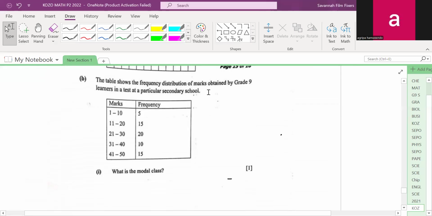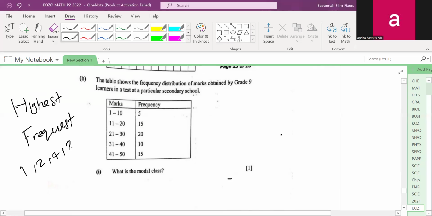So the table shows a frequency distribution obtained by grade 9 learners in a particular secondary school. What is the mode here? It appears the most, but you can also say it has the highest frequency, because this one is grouped data. You can't say it's appearing the most because you don't know the intervals.